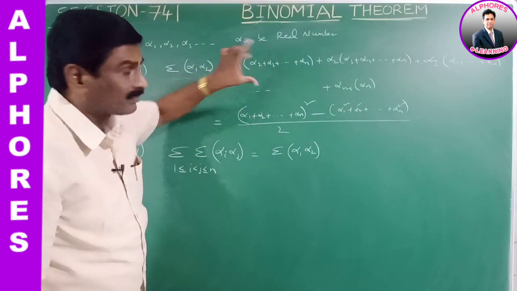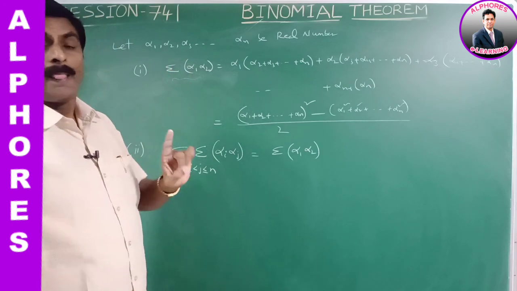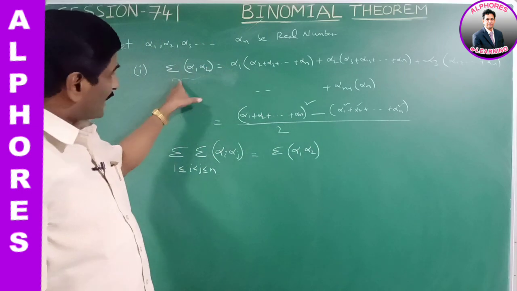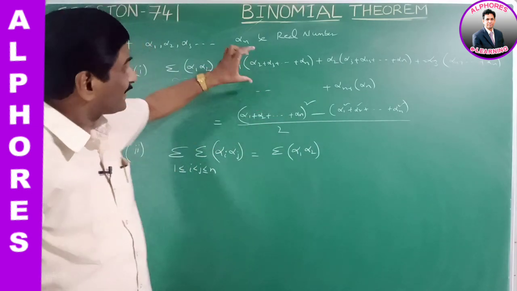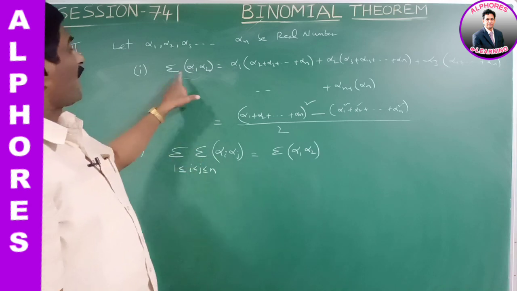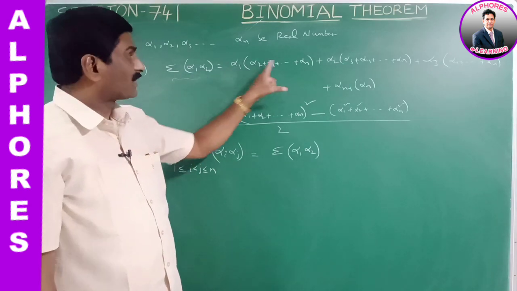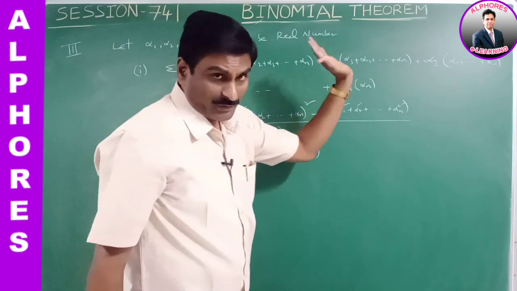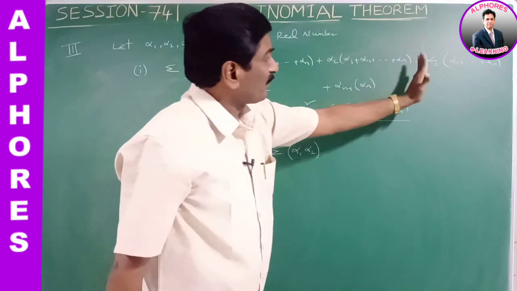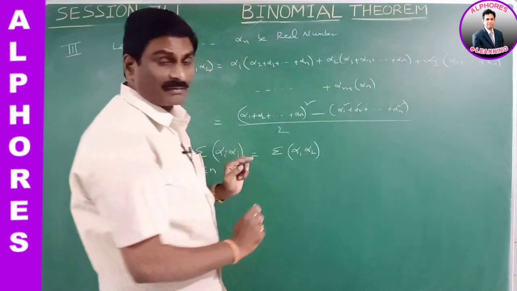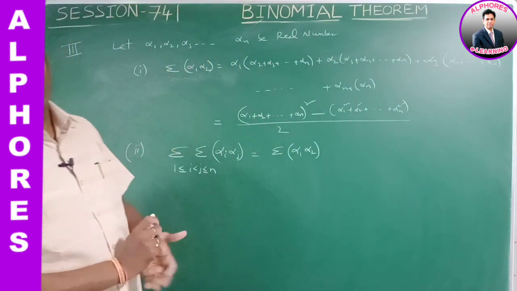Please observe: sigma alpha 1 alpha 2 means the sum of the products of the values taken two at a time. That means the expansion is in this way. Please note the first one: sigma alpha 1 alpha 2 is equal to alpha 1 into the remaining values, alpha 2 into the next remaining values 3, 4 and so on, alpha 3 into the next remaining, and so on, alpha n minus 1 into the next higher value, alpha n. It is nothing but sigma alpha 1 alpha 2.